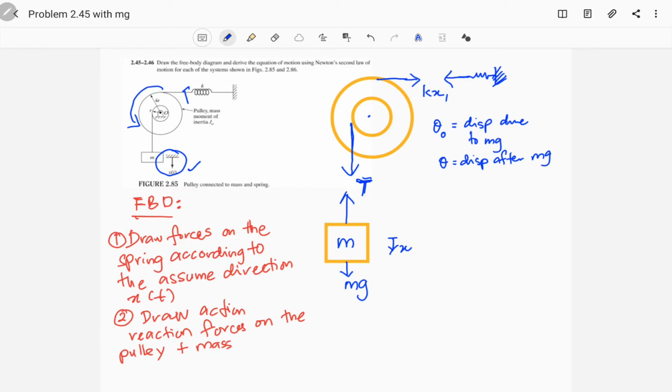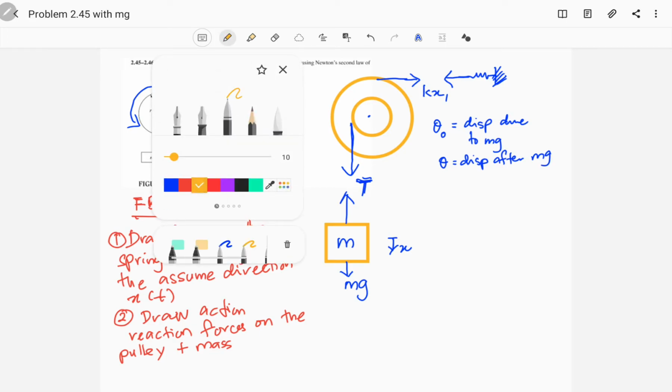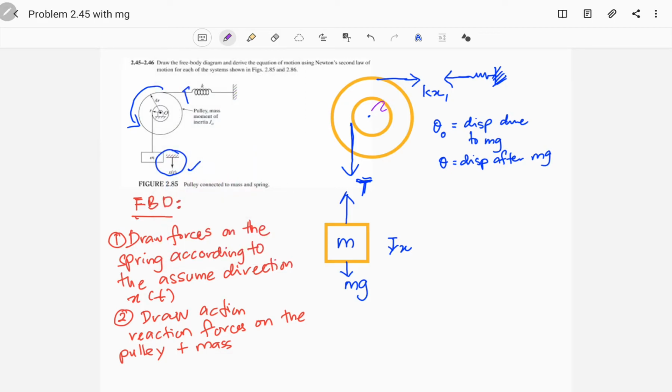If you want to actually draw it, maybe I can draw here with a different color. Let's say this is the point of rotation. I can draw the displacement of this K, which takes effect due to the mg. Let's say I call it theta naught, and then after that there'll be a displacement due to theta.